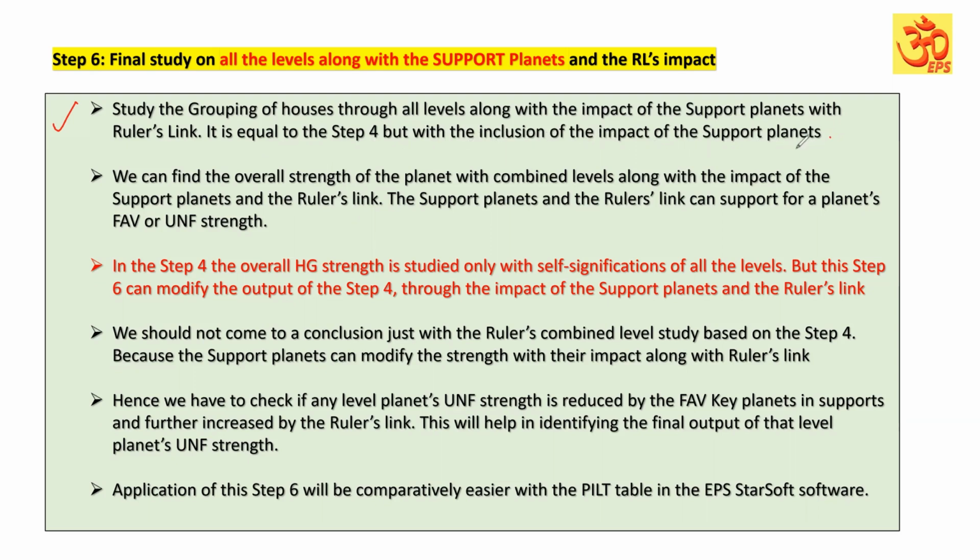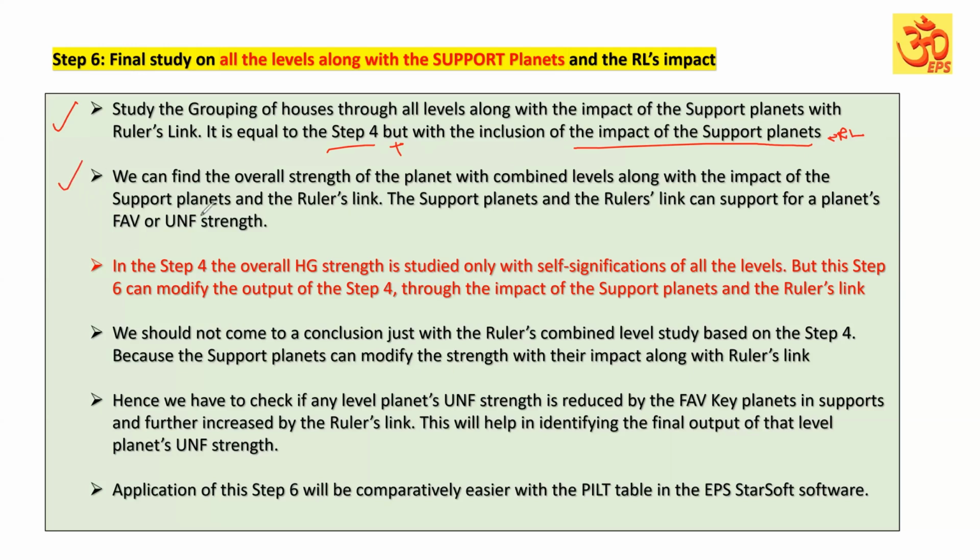In step number 4, we studied only the self planets: planet, star lord, star lord of the star lord, sublord, and star lord of the sublord. We had not taken the support planets and their influence and also the impact of the ruler link. But here, the same step number 4, along with the impact of the support planets and ruler link, is called step number 6. That is the final study, the final step.